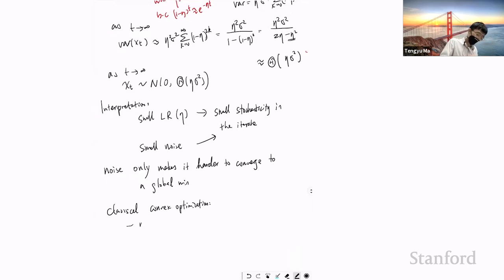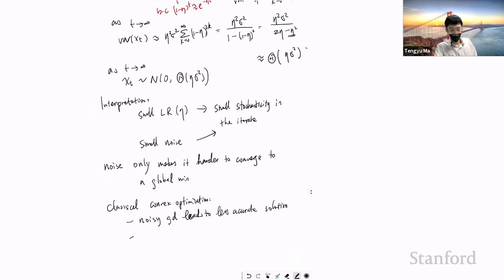It's only about A, noisy gradient descent leads to less accurate solutions. So this is a bad thing. That's what we discussed.